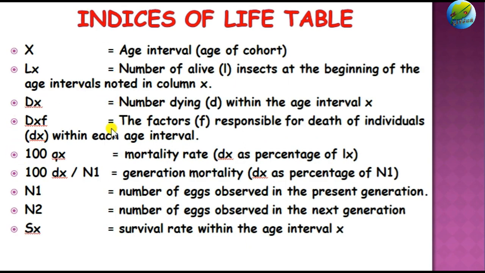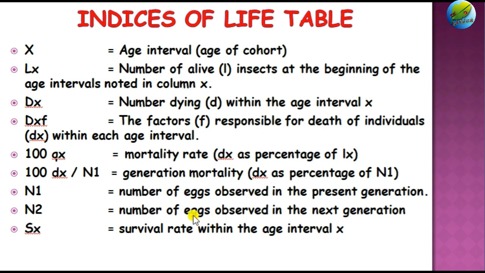These are the major indices of a life table: the age interval, the number of live insects at the beginning of the age interval, the number dying in the particular age interval and the factors for which they are dying, the number of eggs observed in the present generation, the number of eggs observed in the next generation, and the survival rate within the age interval.